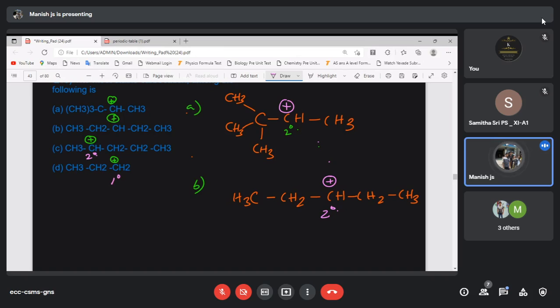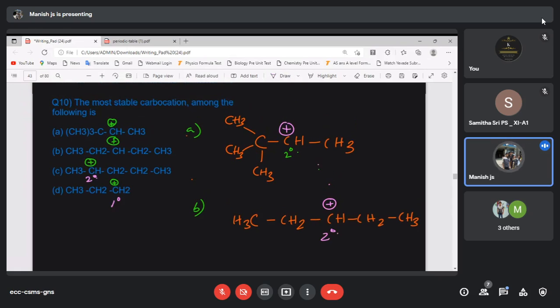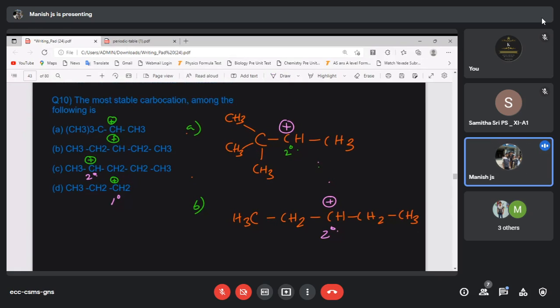So you will have to choose which is the more stable carbocation. Out of these four, which will have the most stability?